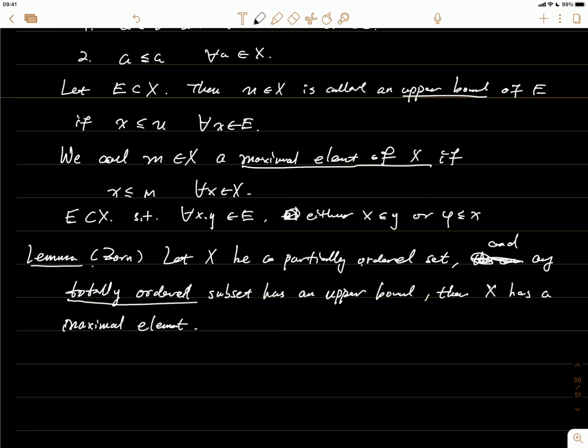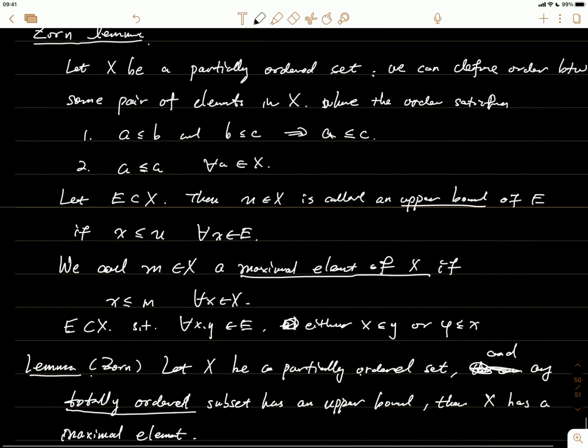Okay, so in other words, all the elements in E, you can sort them, listing the smallest one at the beginning and then gradually increasing. For any elements in E, you can compare the order between any of them. This is why we call E a totally ordered set, but X a partially ordered set, because not every pair of elements in X can be compared. But in a totally ordered set, any two elements can be compared.